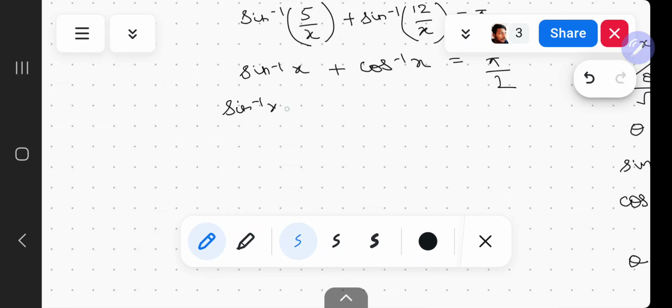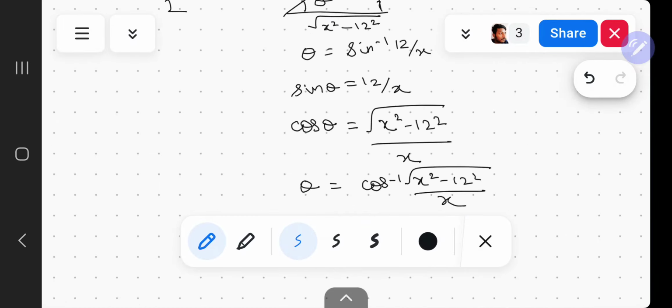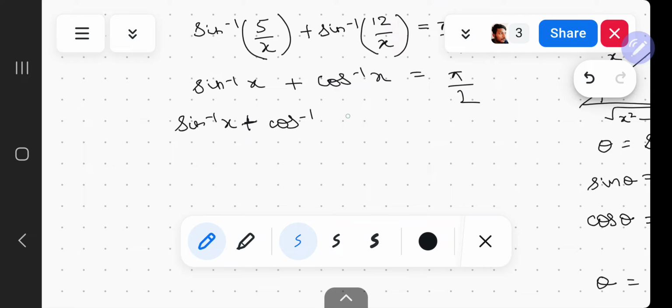Sine inverse x plus cos inverse of under root x square minus 12 square over x is equal to pi by 2. So both of these values will be equal. This value and this value will be equal.